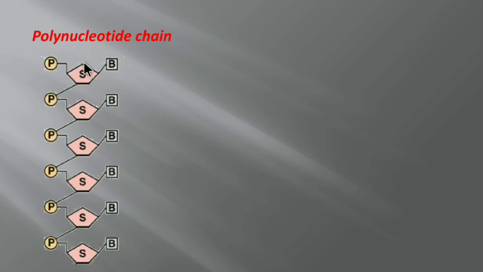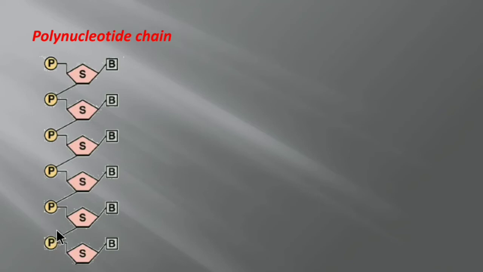So look at here. In the pentose sugar, the 5' end has phosphate group. At the opposite end, the 3' end of sugar has free hydroxylic group, so that's why it is called the 3' end of polynucleotide chain. One end you find 5', the other end you call the 3' end of polynucleotide chain.